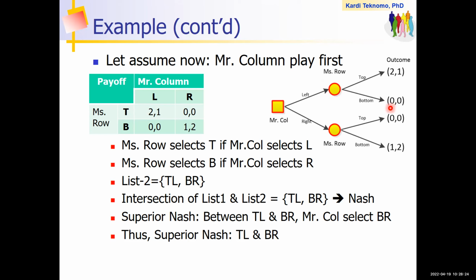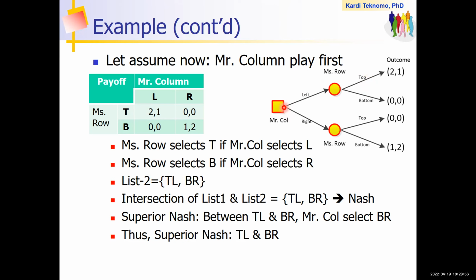You look at the first number, 2 and 0. Of course, Miss Row will select top, right? So in that case, again we have top left. The list must be written row then column, so that you can intersect, otherwise it's not correct. So again, this is top left, TL.